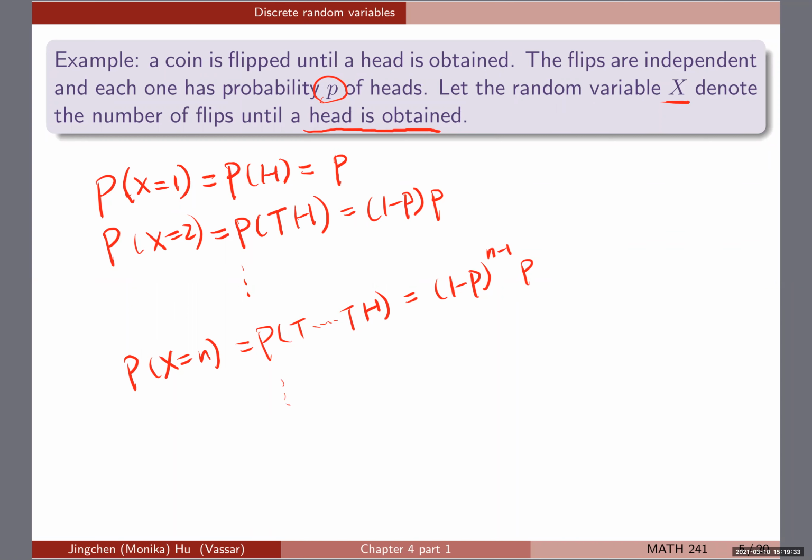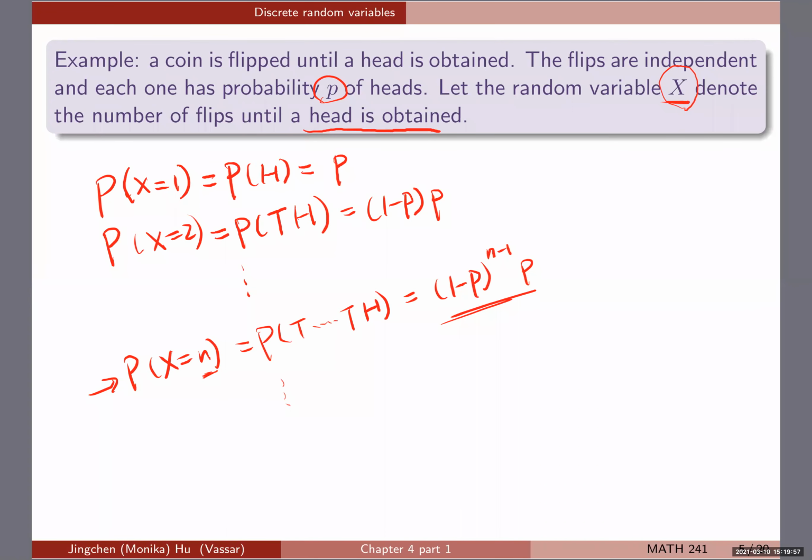Here, this random variable is a real valued function, and at the same time, the sample space is actually infinitely large, because you can just be very unlucky and always get tails. But we're showing here generically that for X to be equal to any n, you're able to get an expression for it.